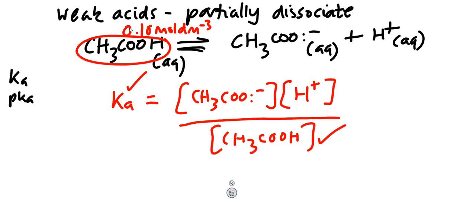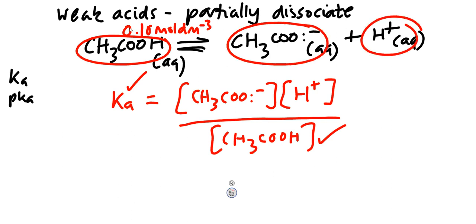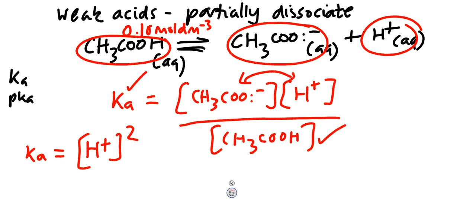Well, we have to clearly make the assumption that the concentration of this and this will be the same. So Ka would be equal to H plus concentration squared, because these two values will be the same, divided by the concentration of the weak acid, which is given in the question.